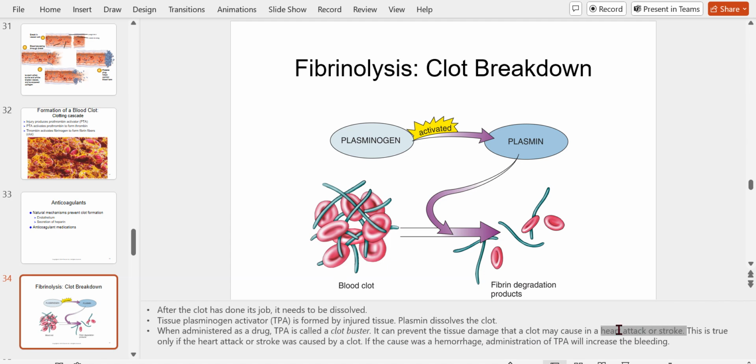Because that is what's going on, right? The blood can't get through to where it needs to go. So any of the cells on the other half of the clot, they starve. And that's what happens in a heart attack or a stroke, which you definitely want to prevent. If the cause was a hemorrhage, the administration of TPA will increase the bleeding as well.